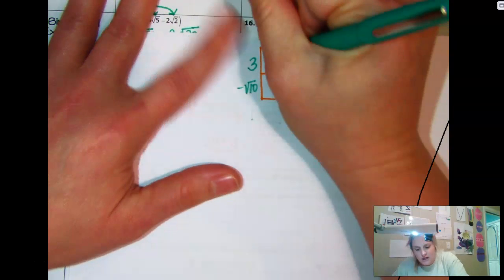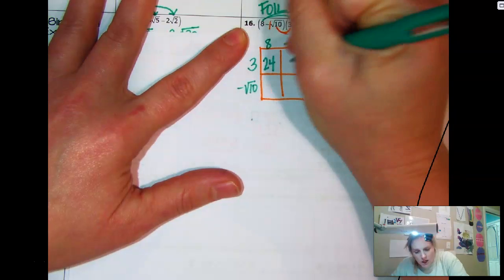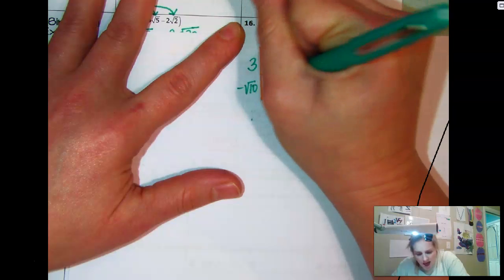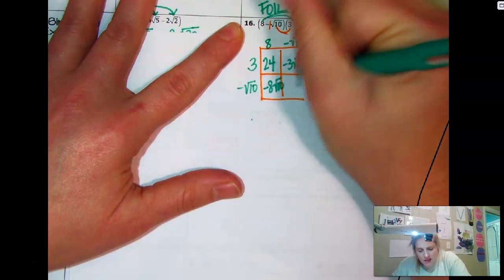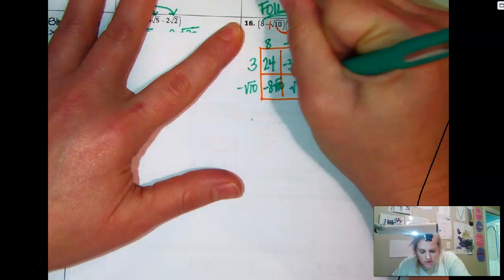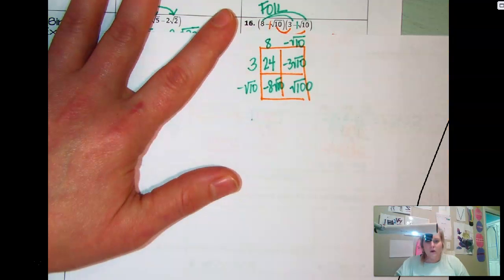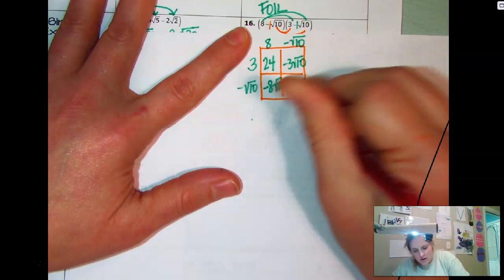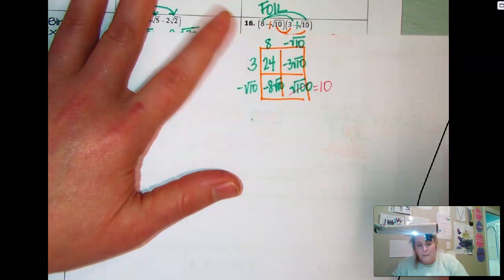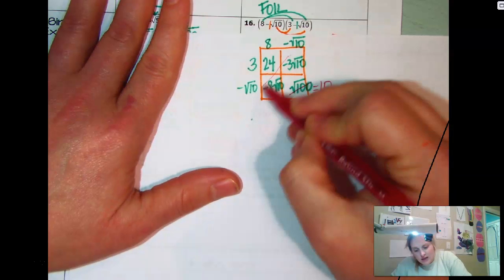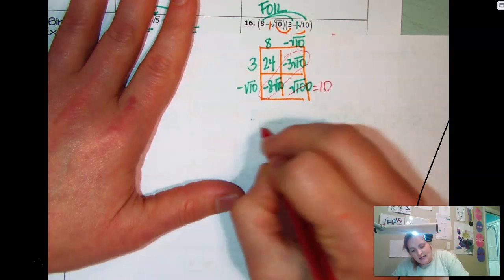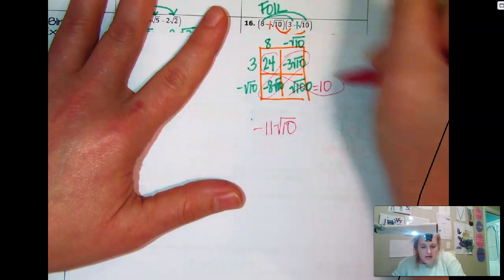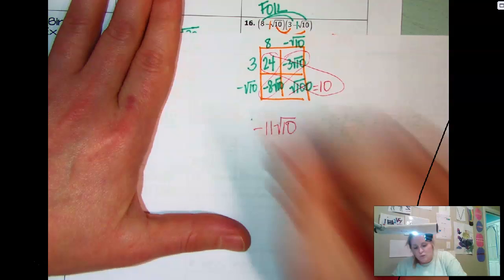Okay, so then you just get 24, negative 3 square roots of 10, negative 8 square roots of 10, and this would be positive square roots of 100. Okay, that is going to give you 10. Okay, so then these are going to be like terms, and that's going to give you the negative 11 square roots of 10. But now these are also like terms, which is where we get the 34.